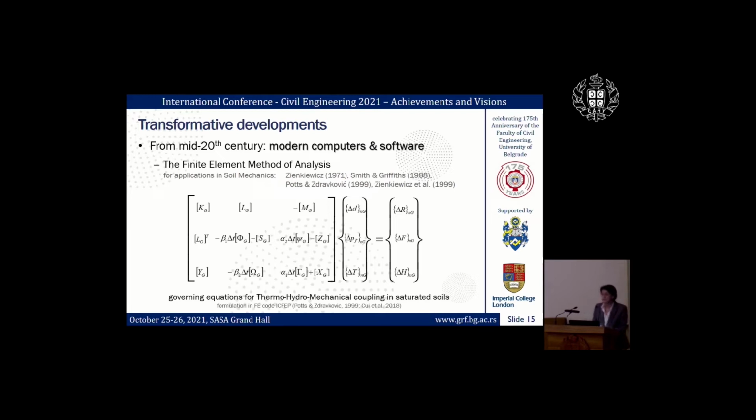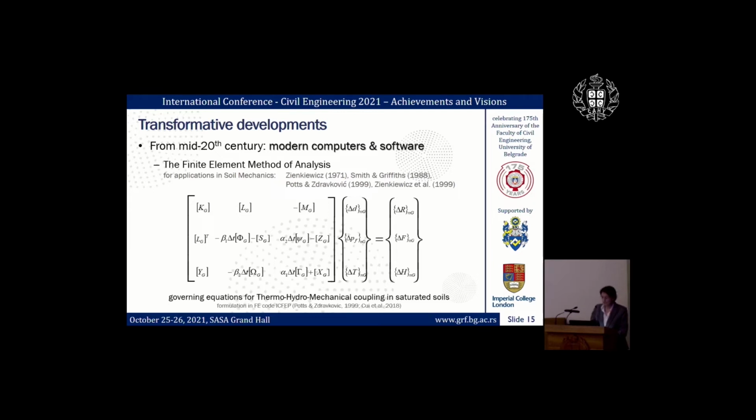It found immediate implementation in mechanical engineering, aerospace engineering, structural mechanics, but application to soil mechanics and to geotechnical engineering really comes a bit later in the first book of Olek Zienkiewicz that mentions the nonlinearity, that mentions plasticity, that mentions time in soil deformation.